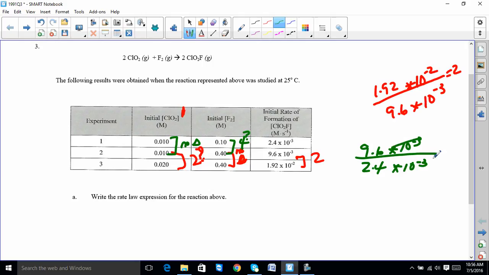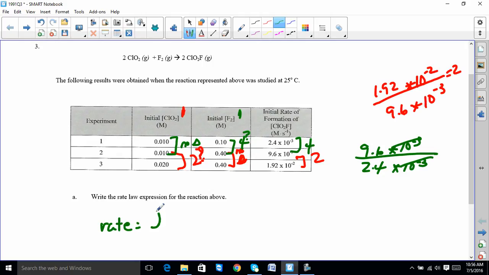Well, this cancels this, and I know that 24 times 4 is 96, so 2.4 times 4 is 9.6. This quadrupled, and 4 to what power gives you a 4? This is a 1.